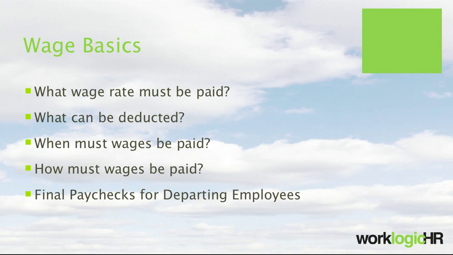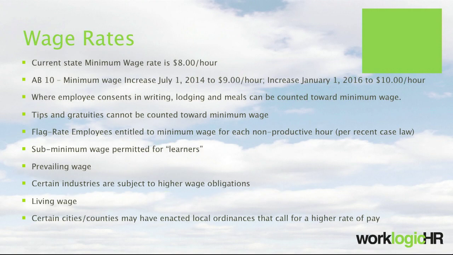When do you have to pay the wages? How do you have to pay them? And then I've carved out departing employee issues as a separate topic because there are lots of specific rules for that final paycheck and what you have to do and what has to be included. So those are the big topics. If you have questions, let me know, and we will run through this.